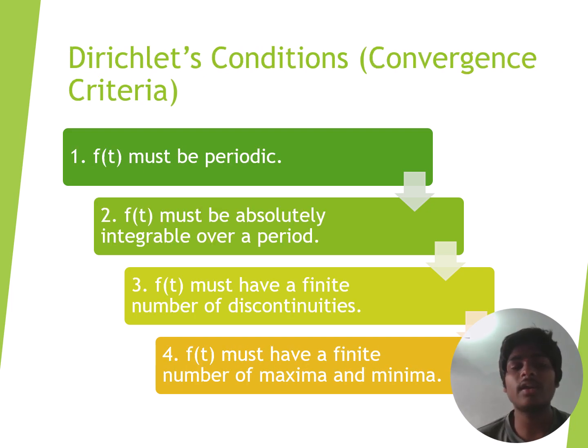Last, we go to the Dirichlet conditions, which means convergence criteria. f of t must be periodic, f of t must be absolutely integrable over a period, f of t must have a finite number of discontinuities, and f of t must have a finite number of maxima and minima.